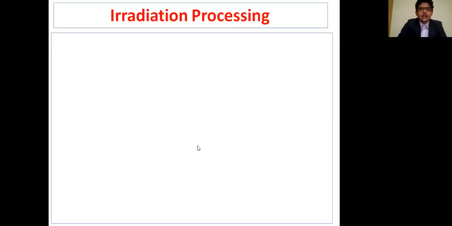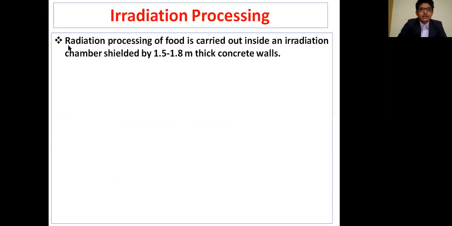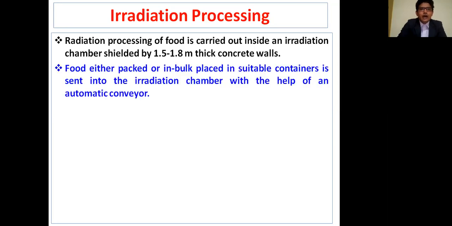So here is the irradiation processing. Radiation processing of food is carried out inside an irradiation chamber shielded by 1.5 to 1.8 meter thick concrete walls. Food, either packed or in bulk, placed in a suitable container, is set into the radiation chamber with the help of an automatic conveyor.